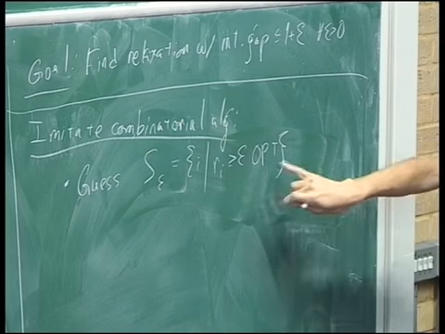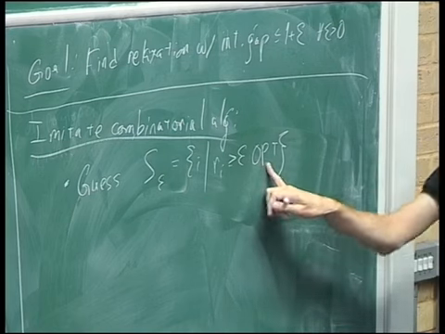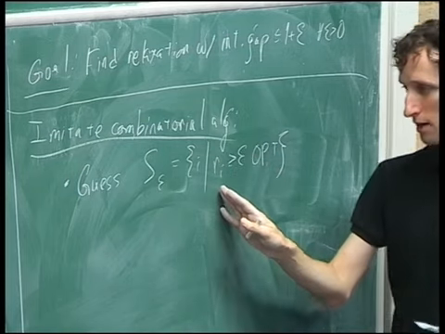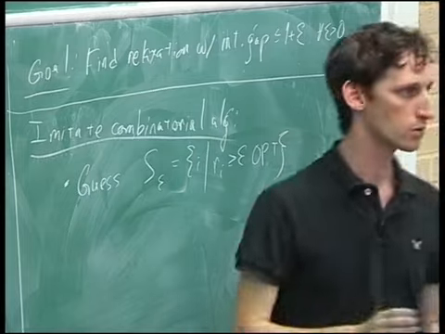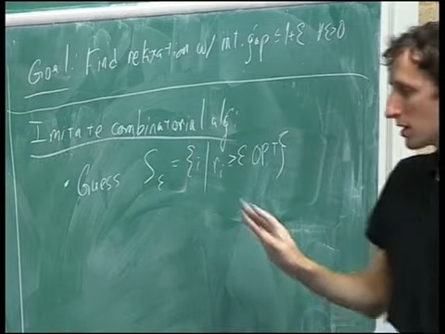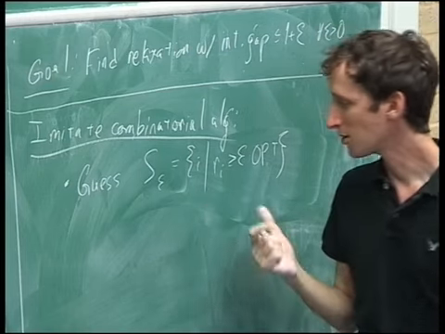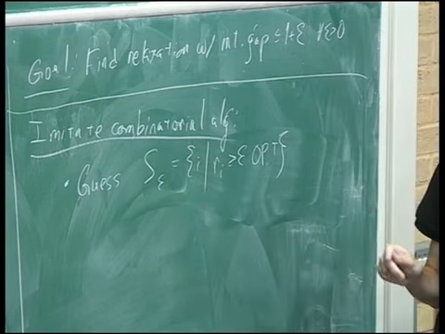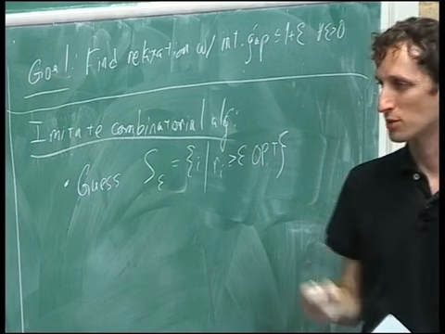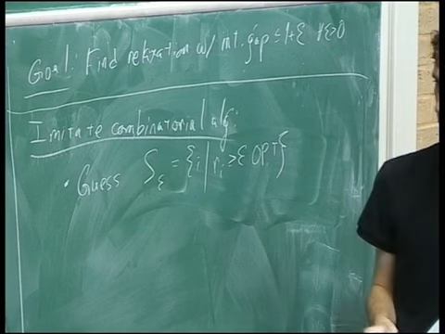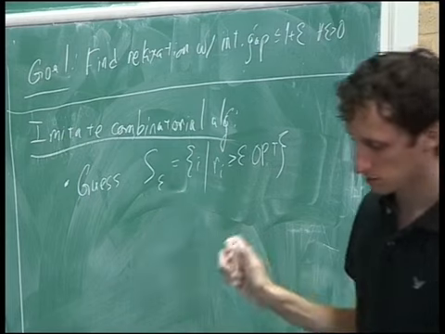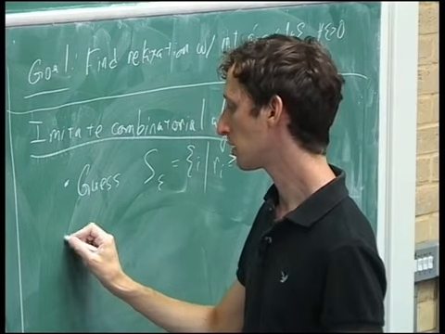Now, in reality, we don't know what opt is, but this is just some threshold set, all items above a certain weight. We can guess it by just trying n times: you sort by reward and then try every possible suffix of this set. So we can effectively guess this. One of the guesses will be correct.